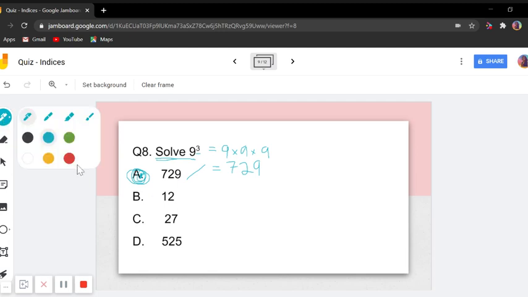How about B? No, this is incorrect. C is incorrect and D is incorrect. And please make sure that if you type in your calculator, make sure that you type it exactly like this, alright? This is the correct one, but do not type it like this.